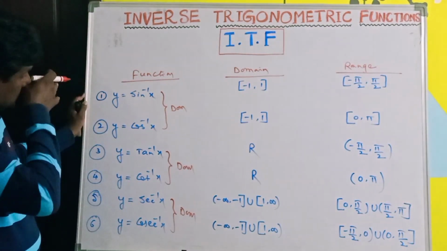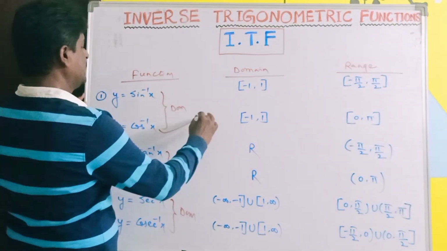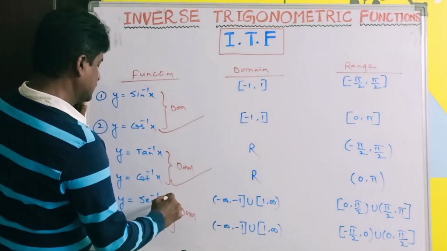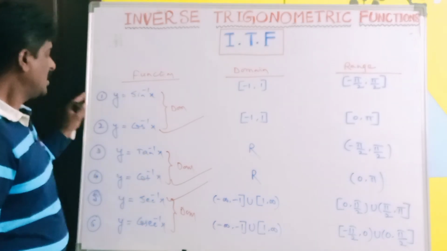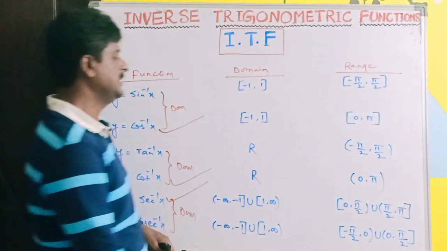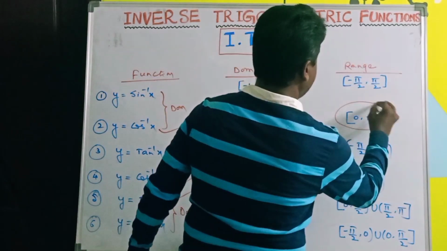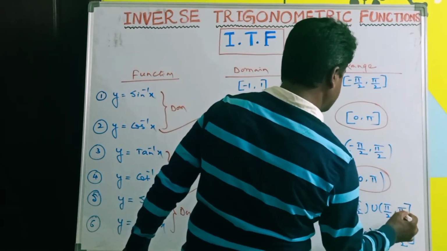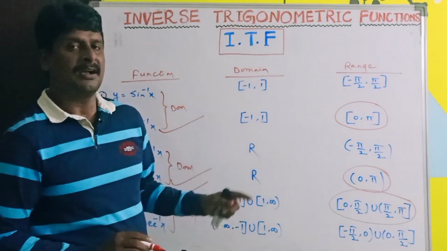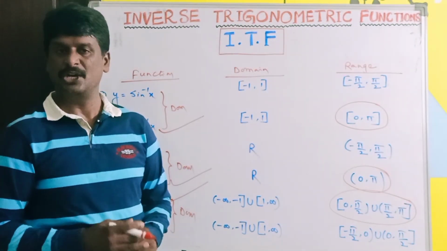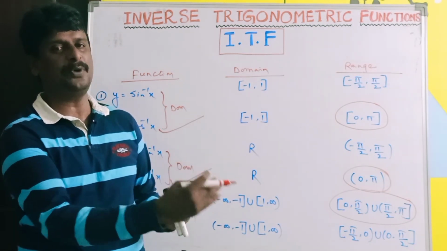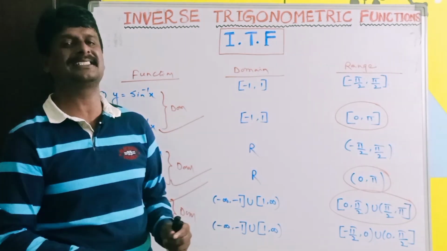And also you see cos inverse x, cot inverse x, sec inverse x having same types of ranges. How are these the same? Cos inverse x range is closed 0 comma pi, but at those extreme points 0 and pi, cot does not exist.